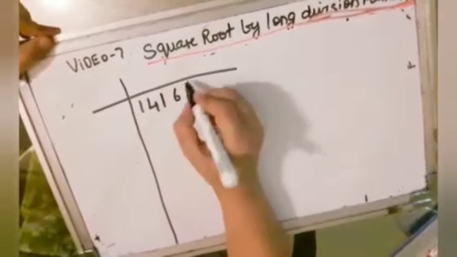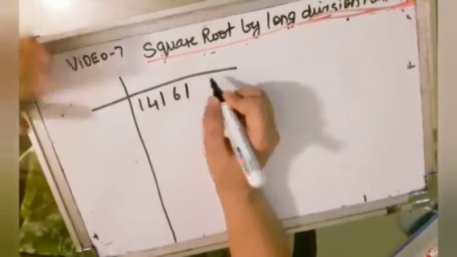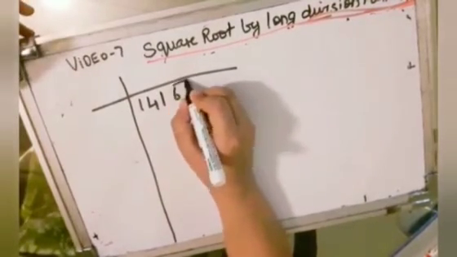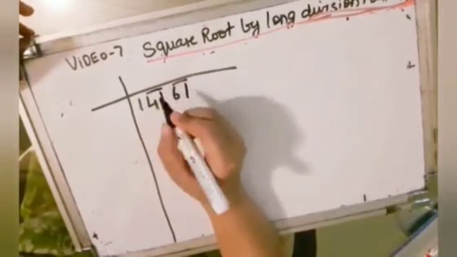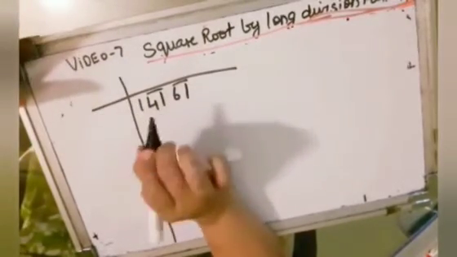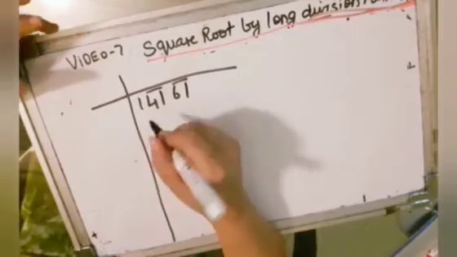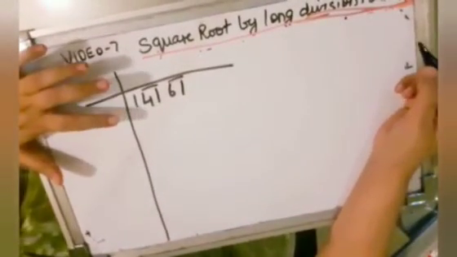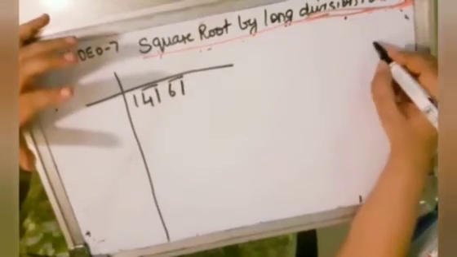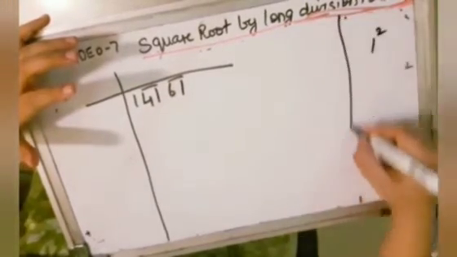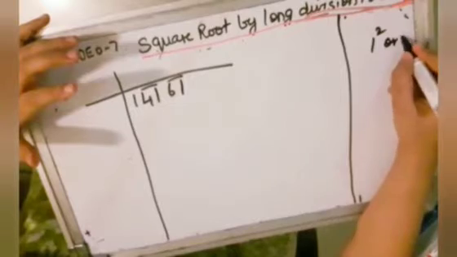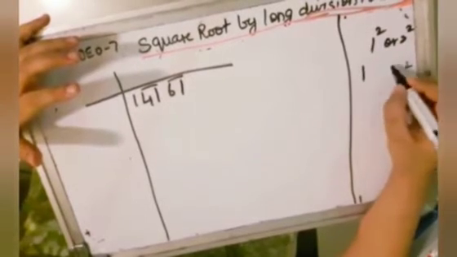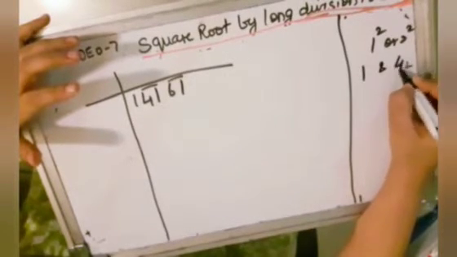14161. Again pairing it from right to left. 61, 41 and 1 has no pair, so it remains as it is. Now again squares. So your first number is 1. So it would be between 1 square and 2 square. 1 square is 1 and 2 square is 4.